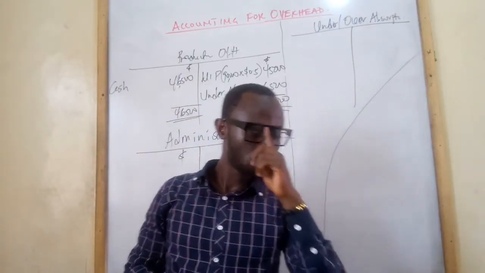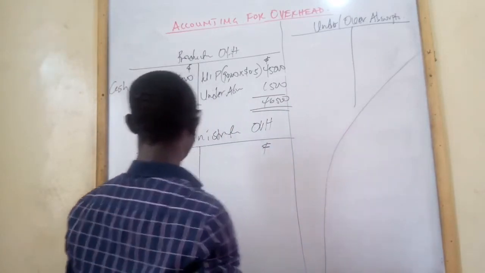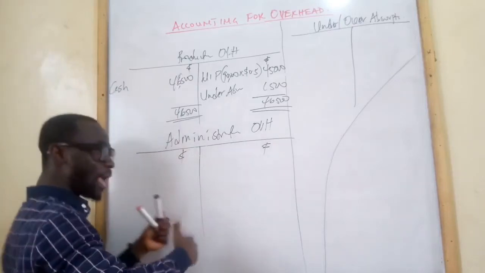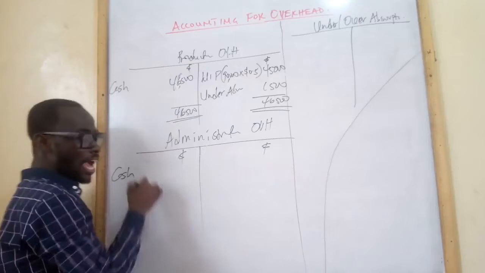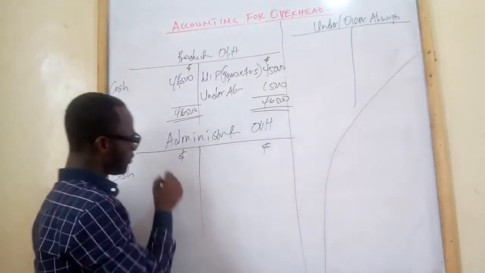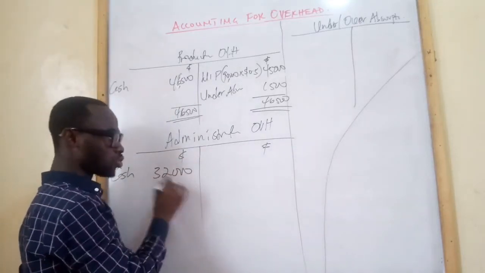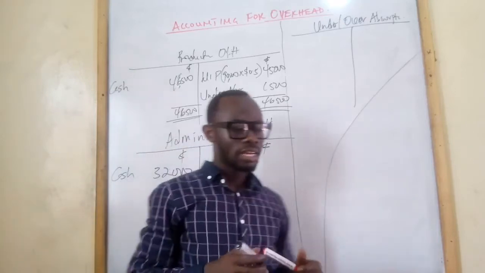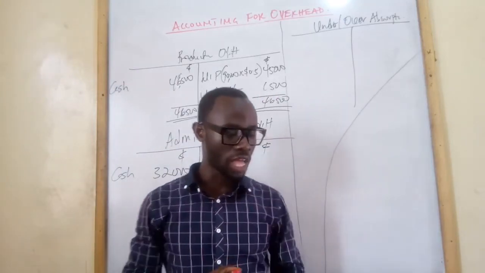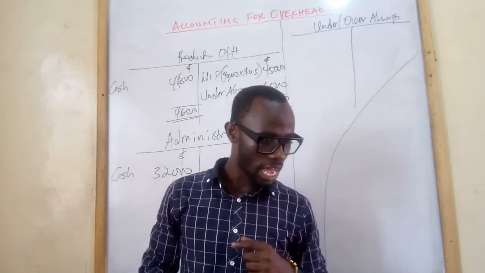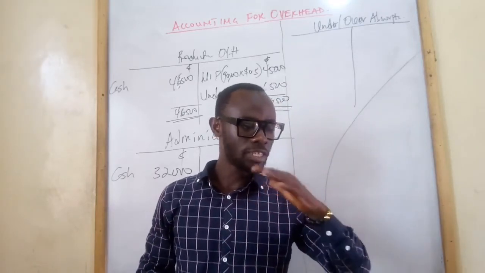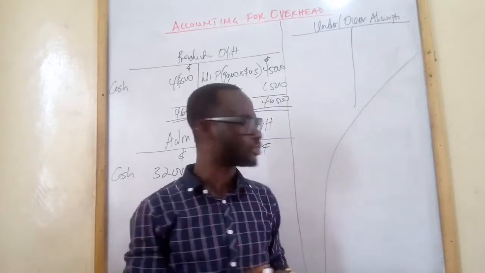So we go to the administration overhead. The actual administration cost paid, we credit the cash book, then we debit the administration. So the actual administration paid was 32,000. Actually paid. But the one that is absorbed, we are told that the administration overhead is 20% of the production cost of sales.